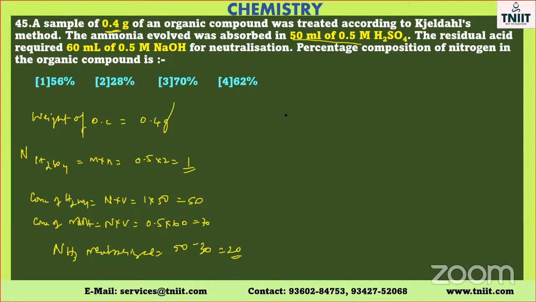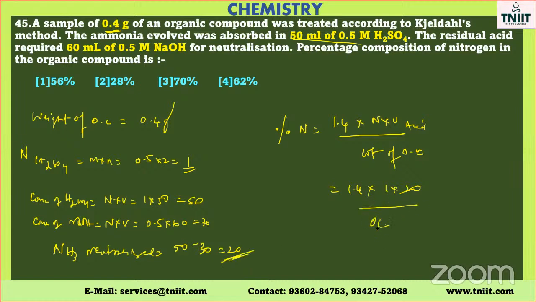So when 20 ml of sulfuric acid is left out, we can find the percentage of nitrogen by the formula 1.4 into normality into volume of the acid divided by weight of the organic compound. So that will be equal to 1.4, normality is 1, volume of sulfuric acid is 20, divided by 0.4 weight of organic compound, that is 70%. The answer for this question is option 3.